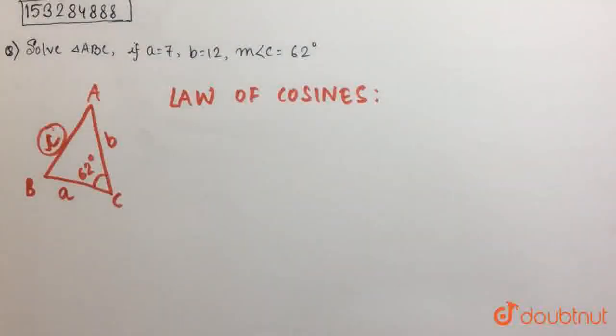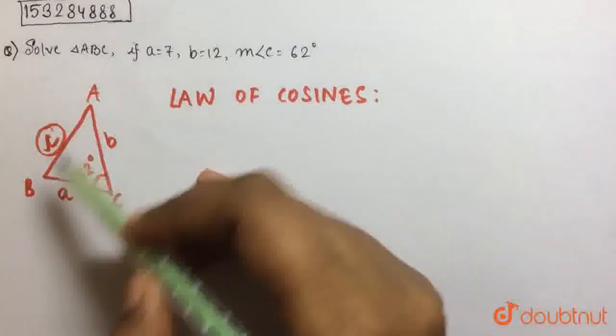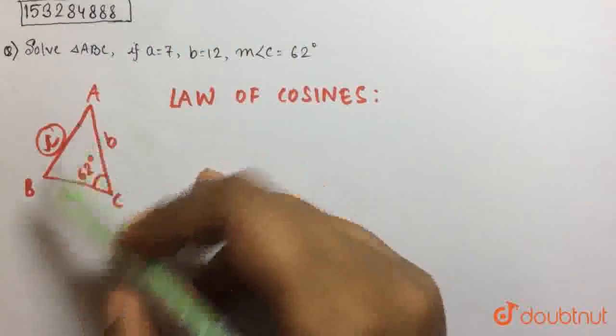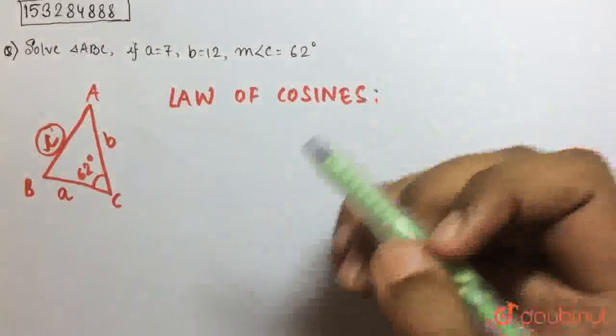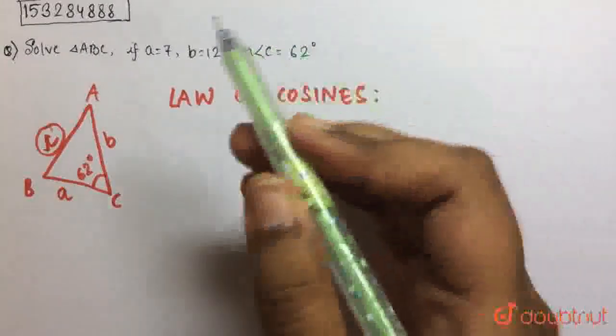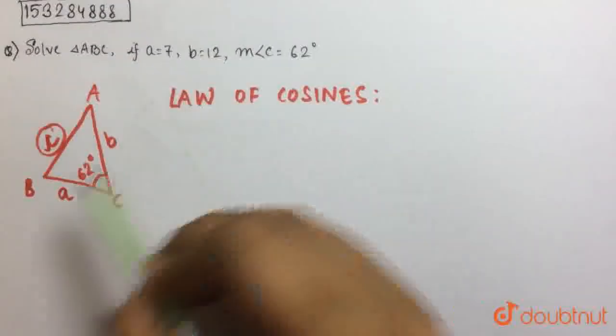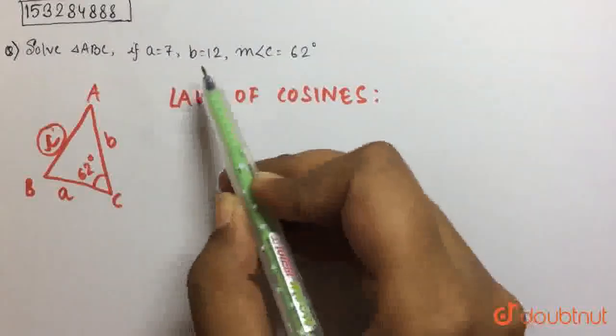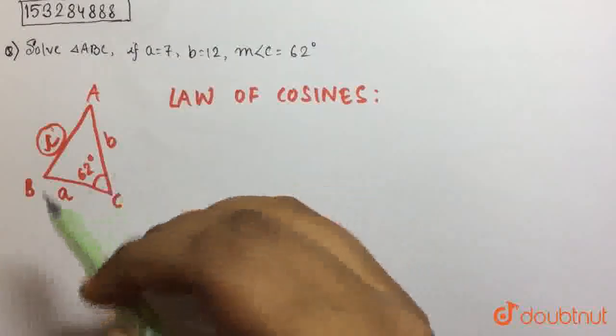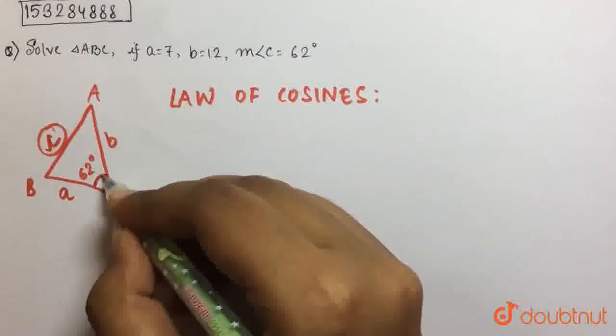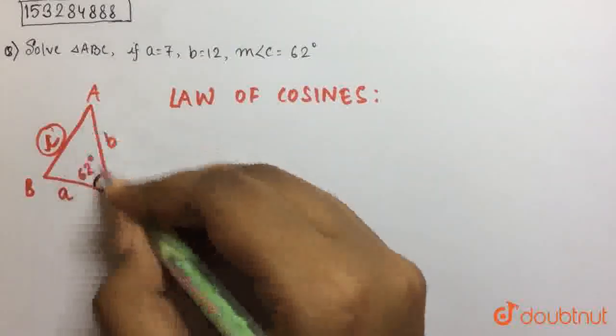Okay. So now that we are using the law of cosines, we have to know what law of cosines actually means. So it is given by the formula. Suppose in a given triangle, as it is given in this particular question, it's an apt example to describe the law of cosines. See, we have two sides a and b. The dimensions of a and b is given, and we have the included angle, that is the angle that has been made by a and b.